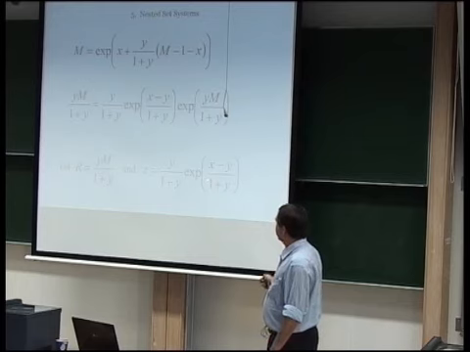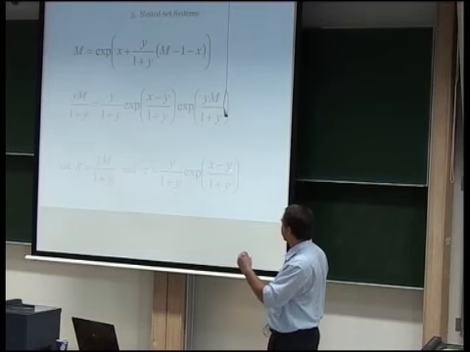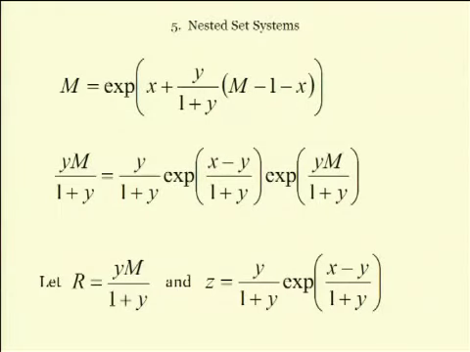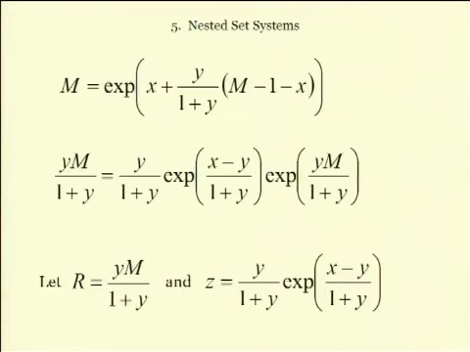Interpreting in terms of your original variables, x is counting vertices of the set system, y is keeping track of sets in the set system, z is this bizarre combination of vertices and sets, and this is what the recursion is performing its recursion on. So somehow a nested set system looks, if you squint at it, like a rooted tree, where this variable is that.